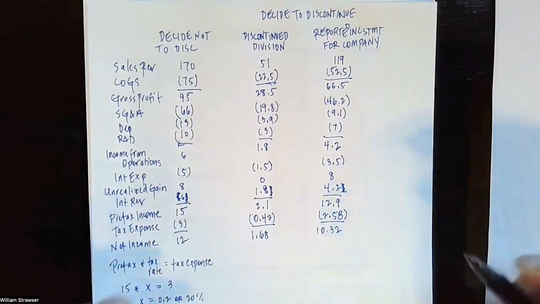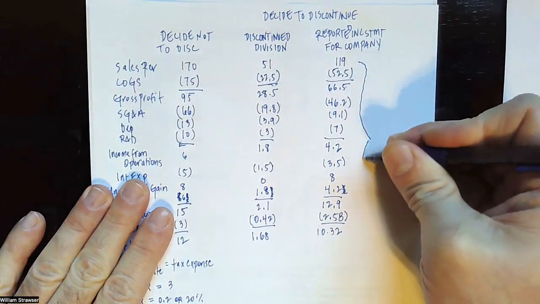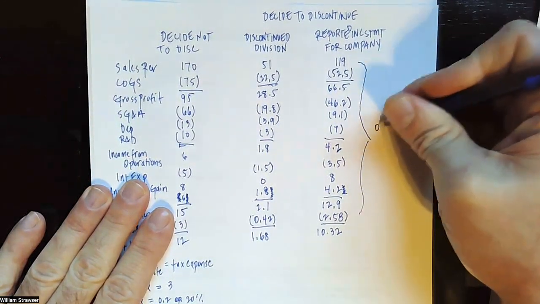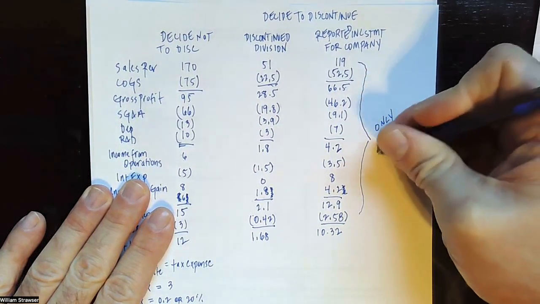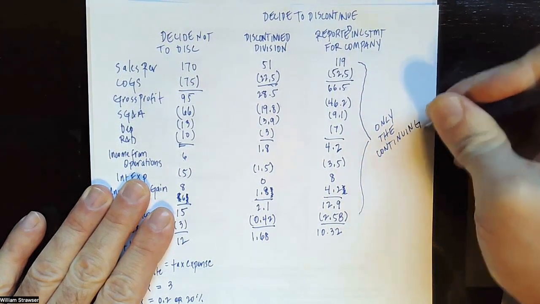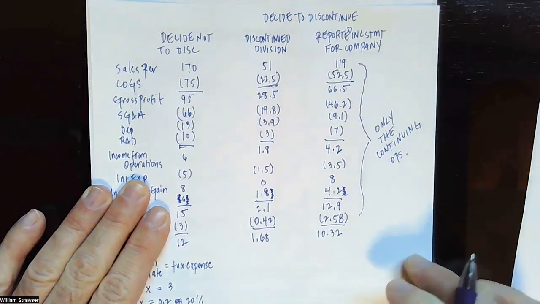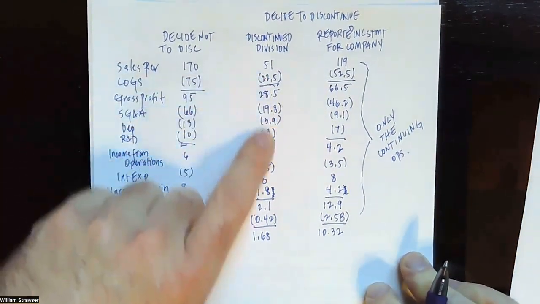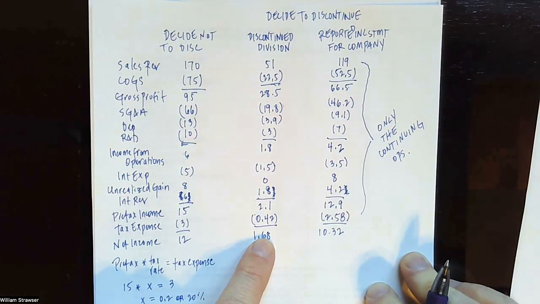So remember, all of these items that we listed here are only the continuing operations. Right? We took out all of these items that were a part of the discontinued division.